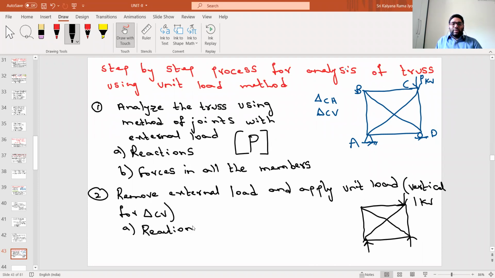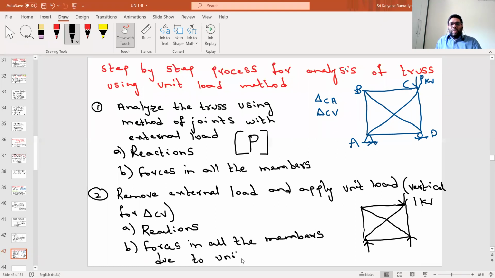Calculate reactions, first step, and second, forces in all the members due to unit load at C. So this is point C. Simple. Now the concept is the same, right? Again the same method of joints.